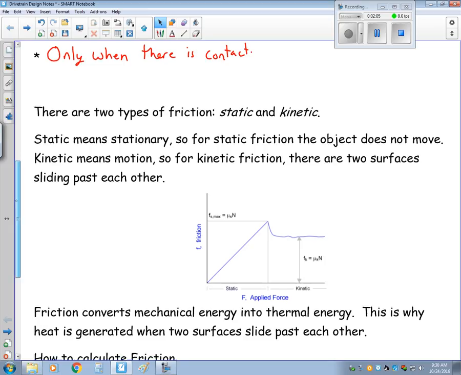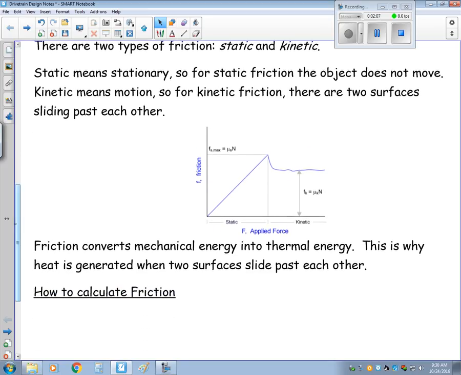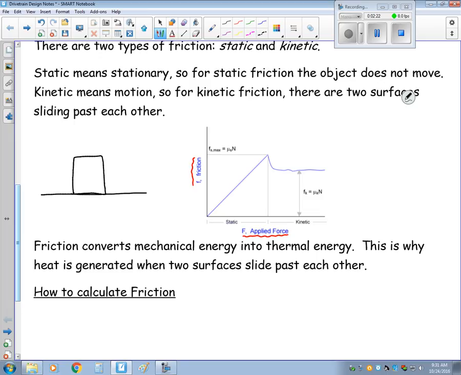Looking at this graph, on the x-axis we have the applied force, and on the y-axis we have friction. Let's say I have an object right here. The applied force would be, say, someone tying a rope to this box and pulling on it.